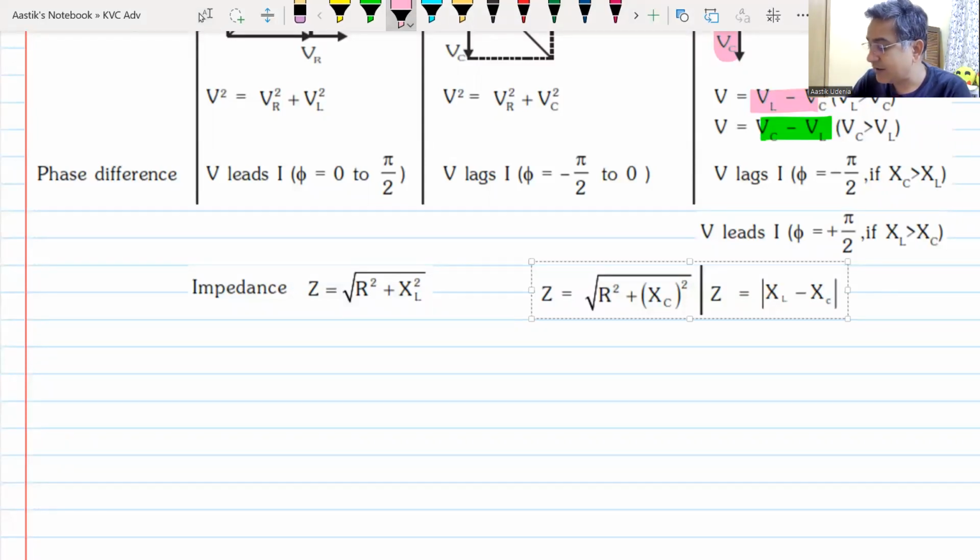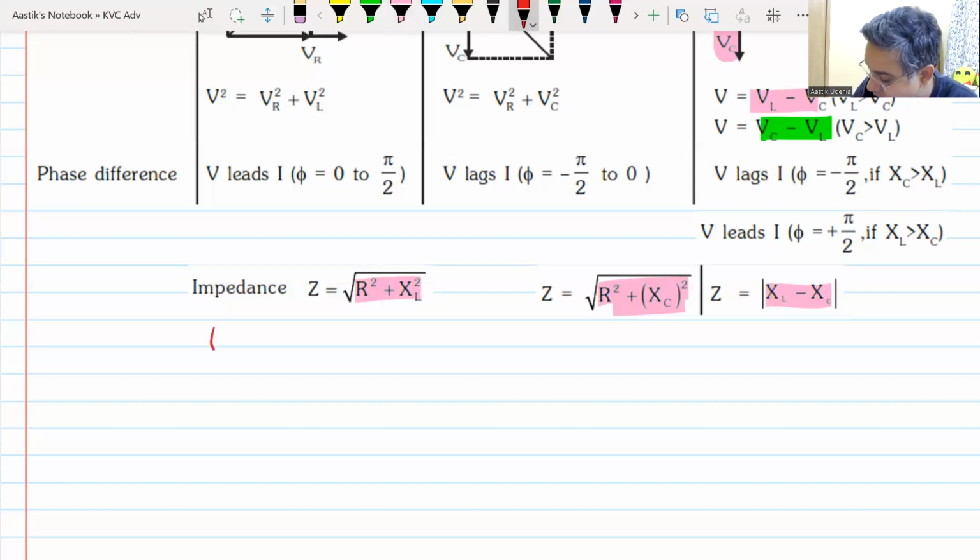In case of an LR circuit, the value of impedance is under root of R square plus XL square. We understand this? In case of an RC circuit, the value of impedance will be equal to under root of R square plus XC square. In case of an LC circuit, it will be XL minus XC if XL is greater than XC, and XC minus XL if XC is greater than XL. Do we understand this?